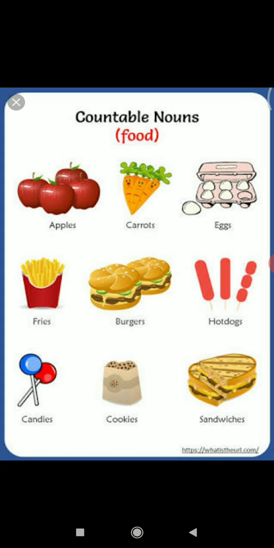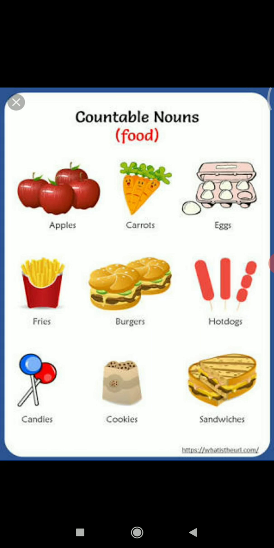We have a quantity of fries. 1 cup of rice. We have 2 burgers, 3 hot dogs, 2 candies, a packet of cookies. In the packet we have 3 cookies, and a sandwich, a 2 layered sandwich.